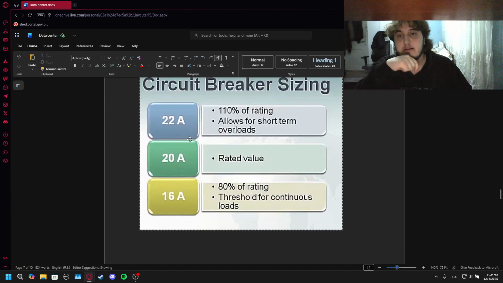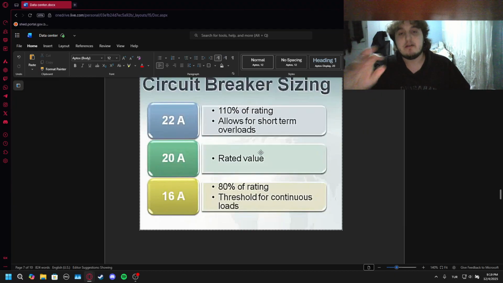Circuit breaker sizing. 22 amps, 20 amps, 16 amps, what do they mean? 110% of the rating allows for short-term overloads. It says that I would open at 22 amps if I am rated at 20 amps.